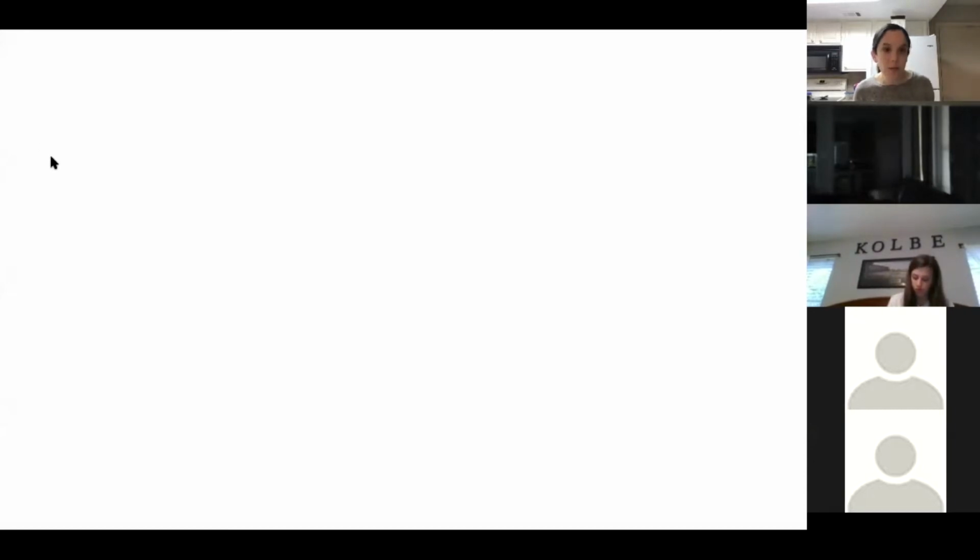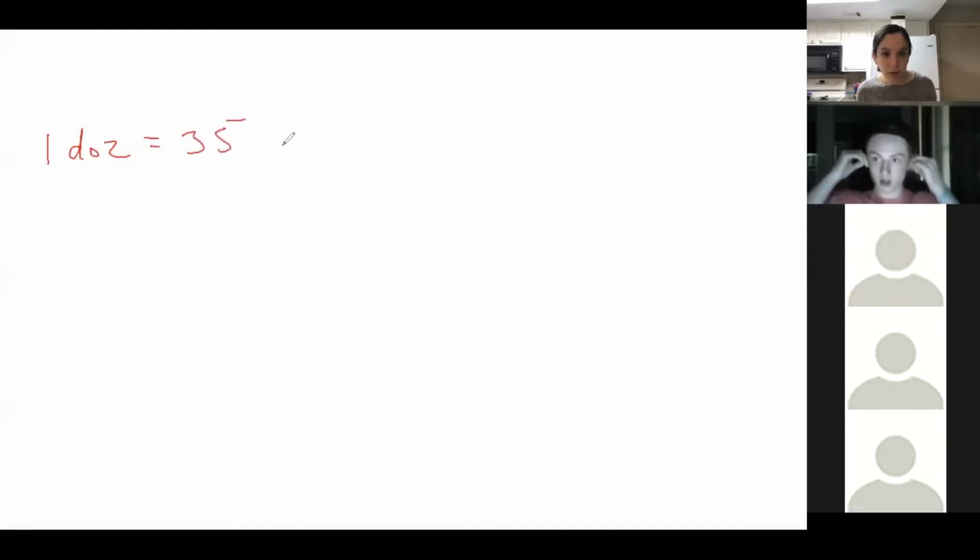Okay, so yesterday we talked about how to go from moles to mass and mass to moles. Today, just to show you an analogy, let's say that you knew that in 1 dozen jelly beans, there was 35 grams. So you knew that the mass of 1 dozen jelly beans is 35 grams.